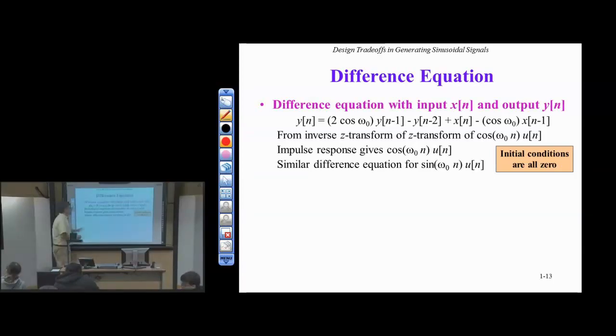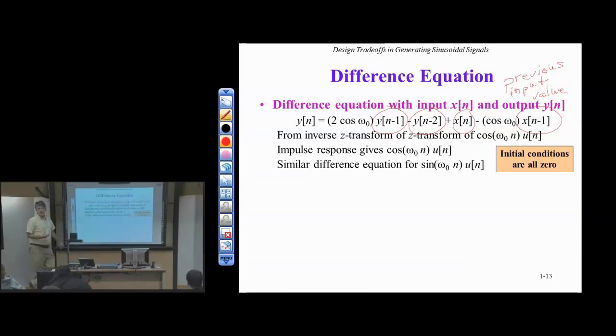So I have a difference equation that involves the previous output value, the output value 2 samples ago, the current input value, and then the previous input value. So x of n minus 1 is the previous input value.